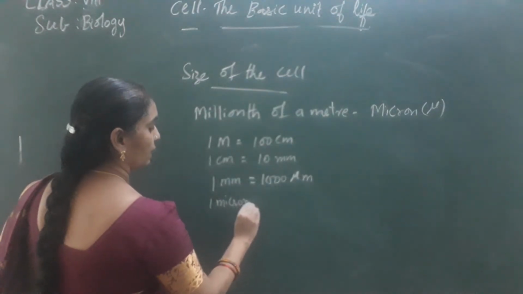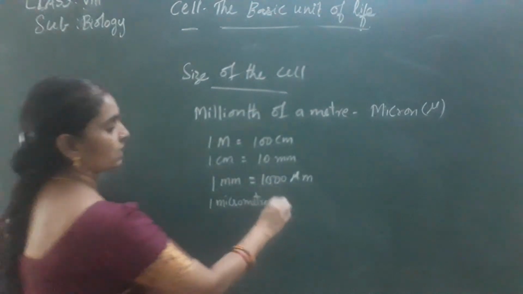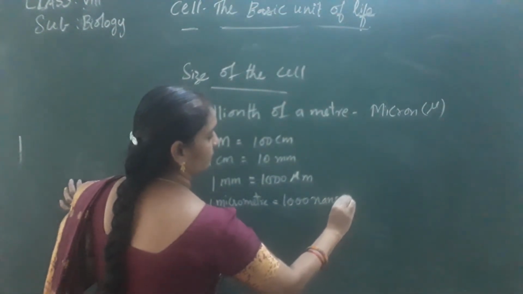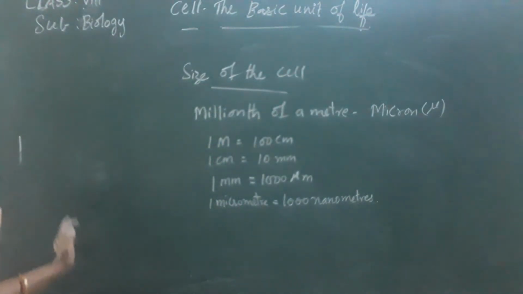1 micrometer is equal to 1000 nanometers. Note down, children, 1000 nanometers.